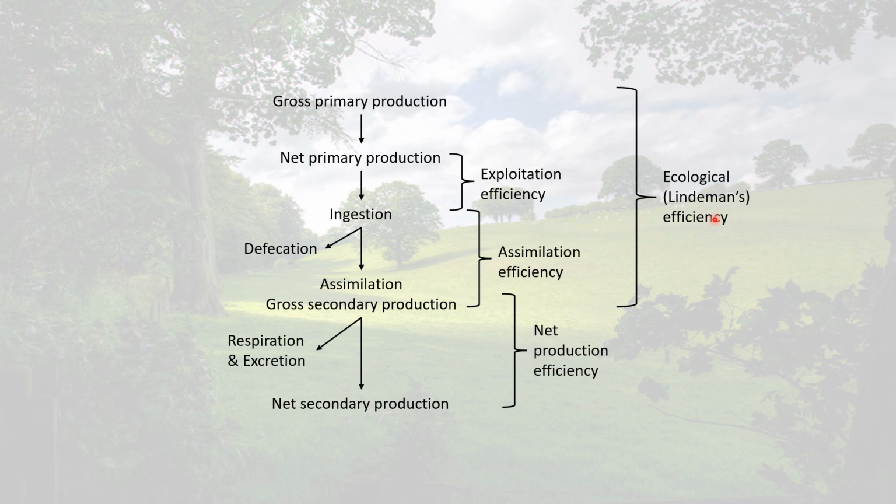The Lindeman efficiency for herbivores is the rate of assimilation by herbivores divided by gross productivity of plants into 100. And the Lindeman efficiency of primary consumers is calculated by dividing the rate of assimilation of primary consumers by the rate of assimilation of herbivores into 100.